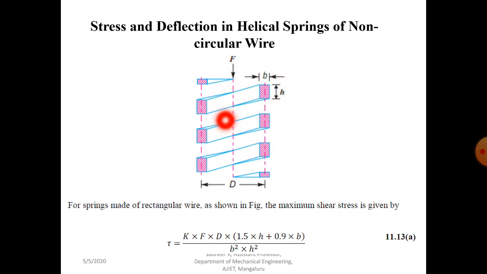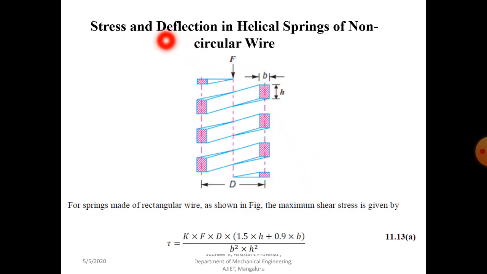In the same way as you derive the expression for the circular wire, we need to derive the expressions, and finally you will get this equation for shear stress, equation number 11.13a. So you will get the equation for torsional shear stress.